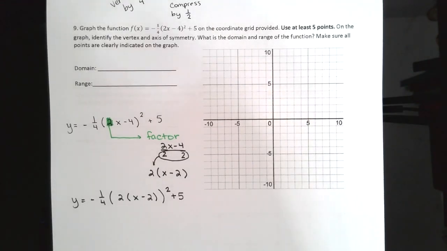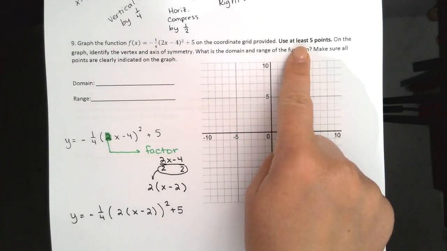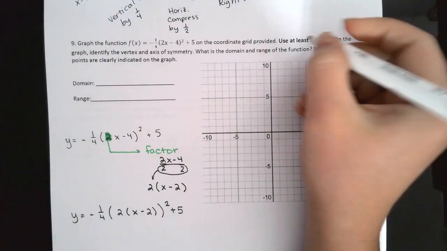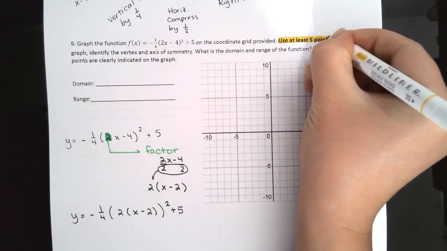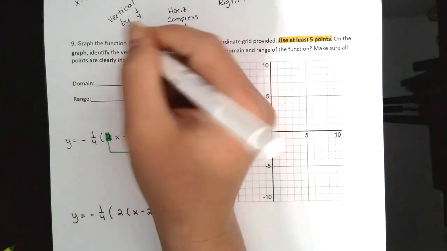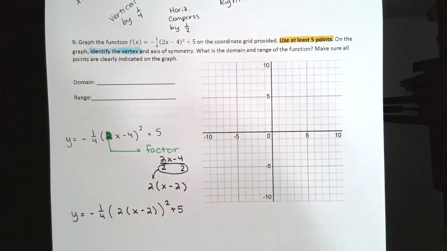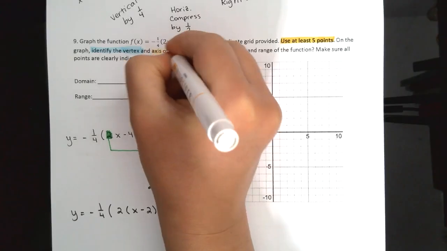It's not asking us to describe, it is asking us to graph. Let's read. Use at least 5 points. It is bolded for a reason. On the graph, identify the vertex. That's another thing I'm looking for. And axis of symmetry.